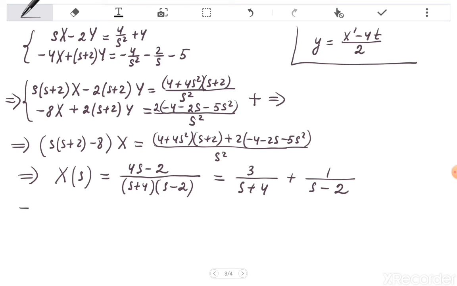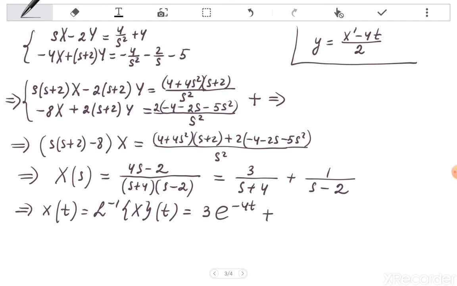So after this, we can find x of t by applying the inverse Laplace transform to the function X. And from the table, we know that the inverse Laplace transform of 1 over s plus 4 is just e to the minus 4t. And the inverse Laplace transform of 1 over s minus 2 is e to the 2t. So this is the function x of t.